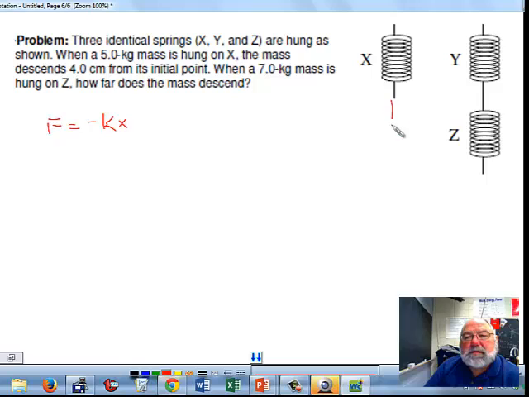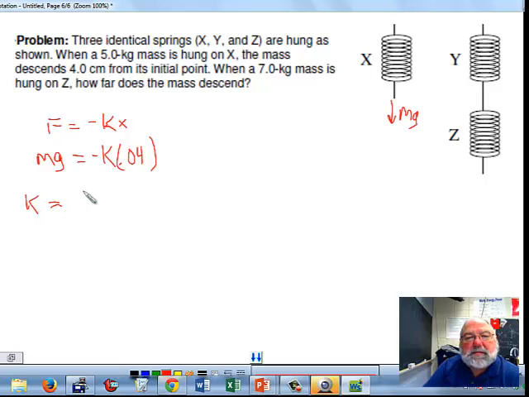We're going to pull on that with mg. So that's going to be mg, and that's going to equal minus k times the displacement, which is 0.04.